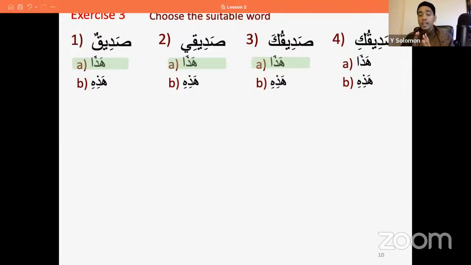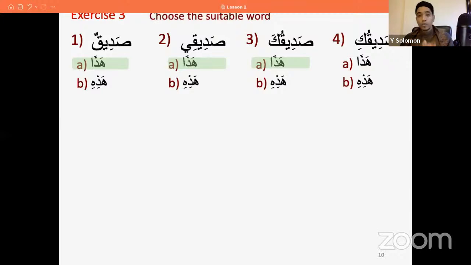When we use هذا or هذه, we look at the word that we are pointing to. That's the first word, صديق. Is that a masculine word or is it a feminine word? If it's a masculine word, we say هذا. If it's a feminine word, we say هذه. And we don't look at the end of the word. Even though ki tells us we're speaking to a female, we don't say هذه just because of the ki.